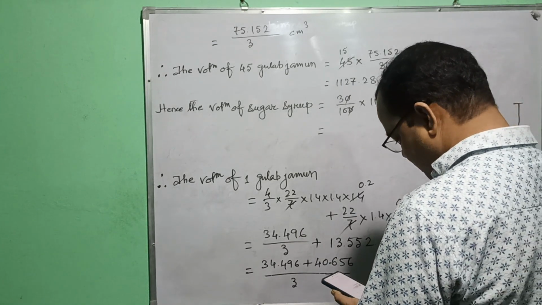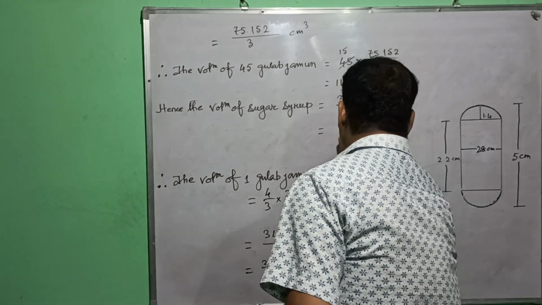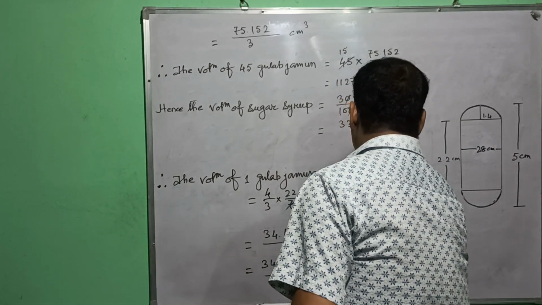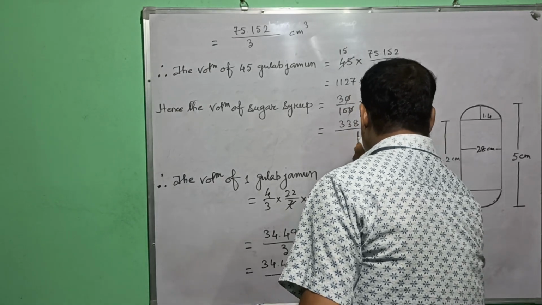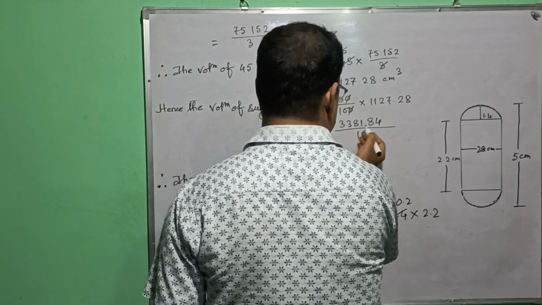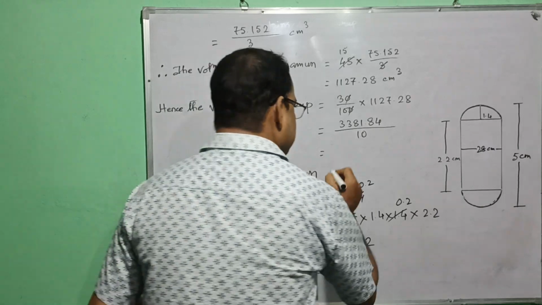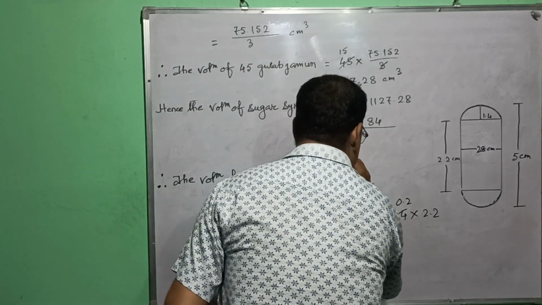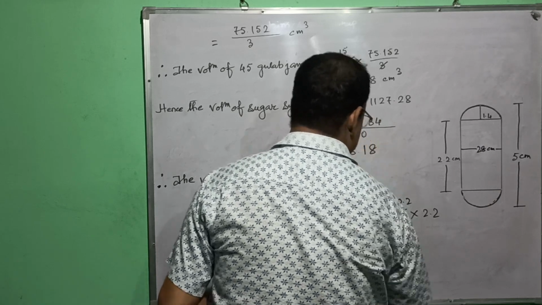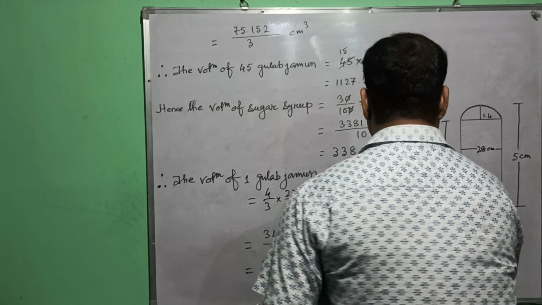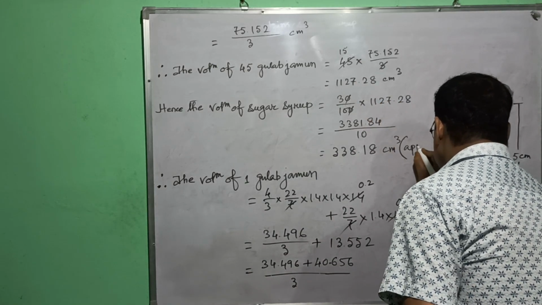So it is into 3 equal 3381.84 divide 10 equal. So one decimal will shift here in the left side as it is dividing by 10. So we'll write here 338.184 centimeter cube. Here you can write approx.